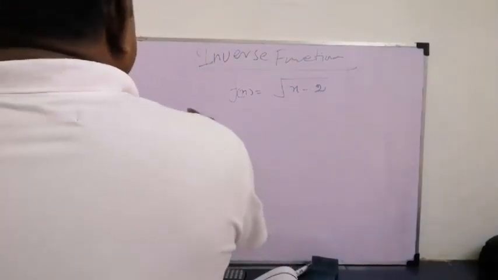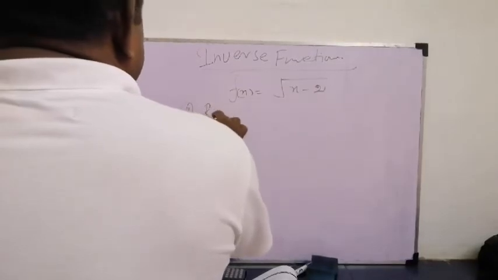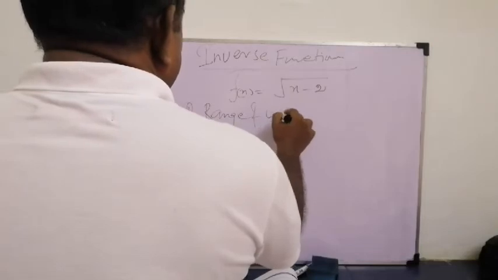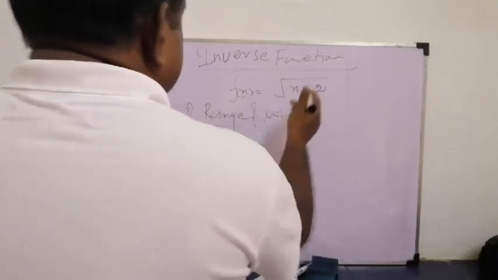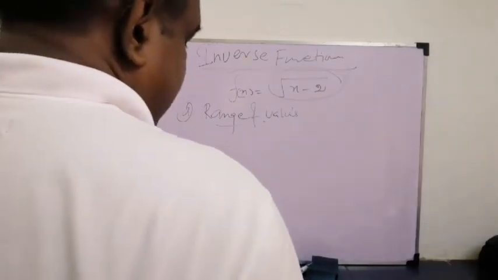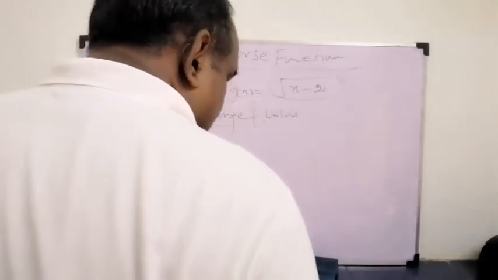So part a, the range. In this, a square root is coming, so all the values of f of x, that is y, should be greater than or equal to 0.